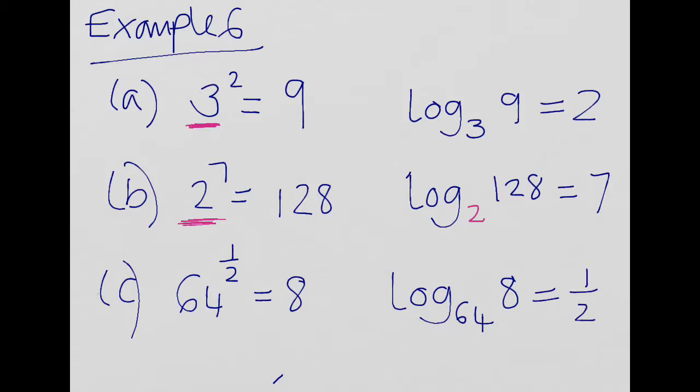So we need to remember that this is our exponent, because what the logarithm is helping us to find out in these cases, the answer is the exponent. So that's example 6.